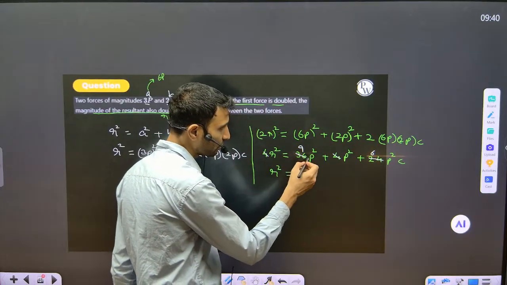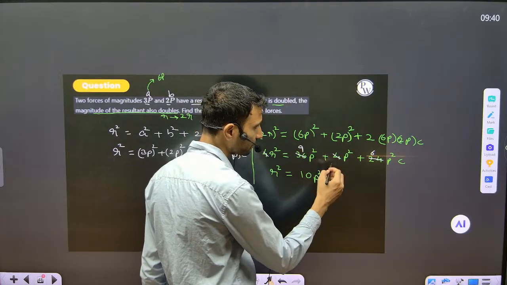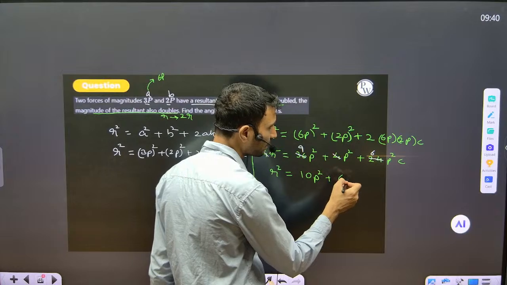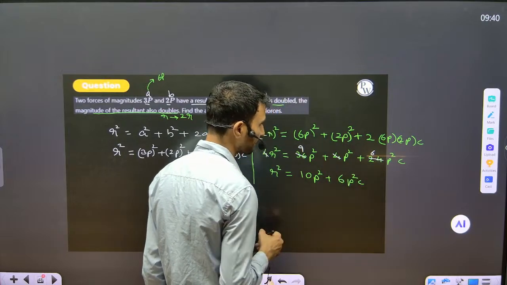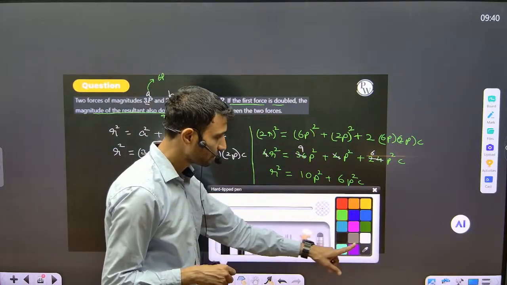R square is equal to 9p square plus p square is how much? 10p square plus 6 p square c, right? While what is this side equal to?